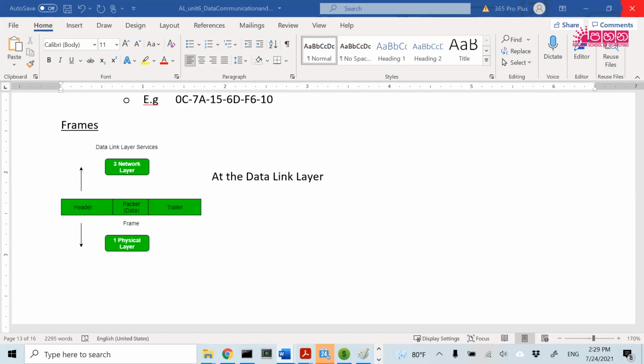We will discuss these layers later on, but for the time being, let's say at the data link layer, data are encapsulated. We put everything together, so that's the meaning. Data encapsulated into the frame.